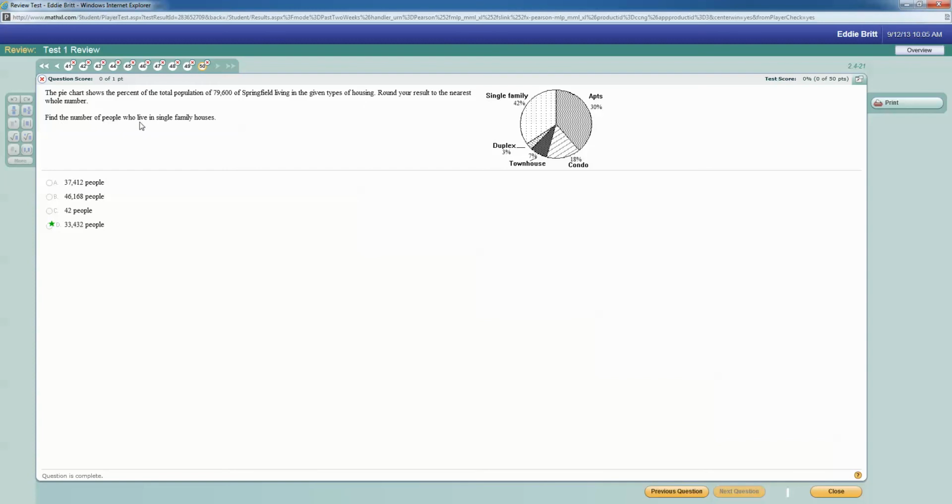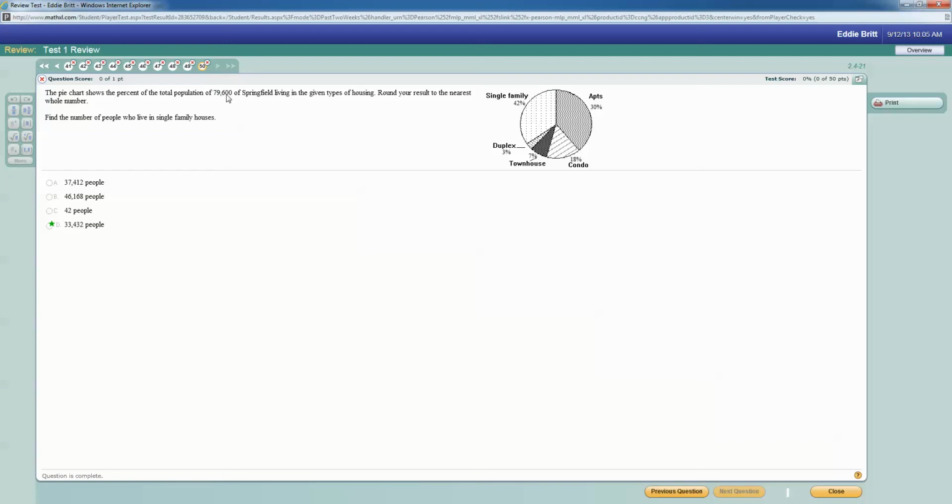Alright, find the number of people who live in single-family houses. It says that the population is 79,600. So 42% are single-family houses. 42% of the entire population.